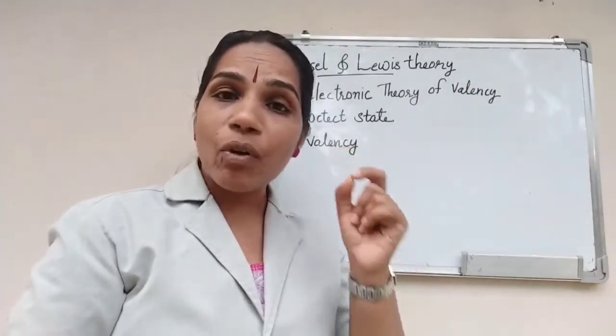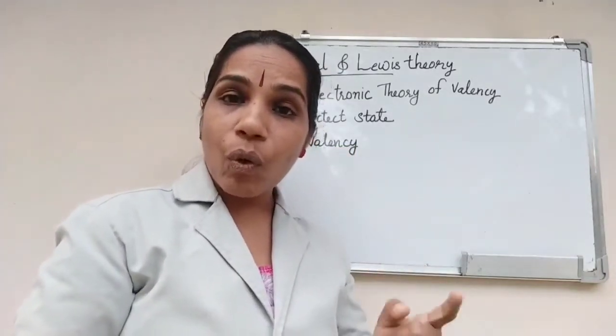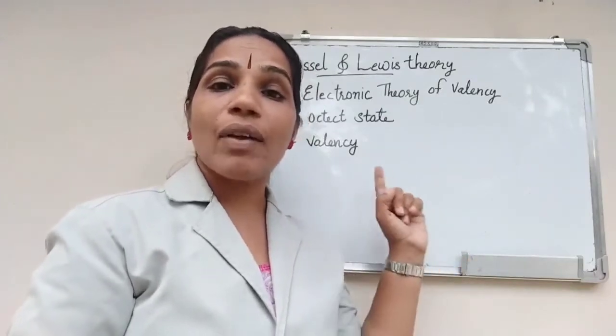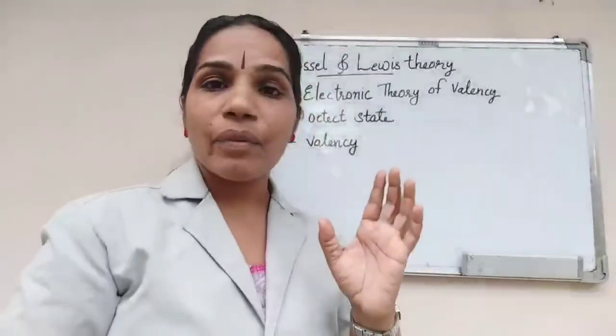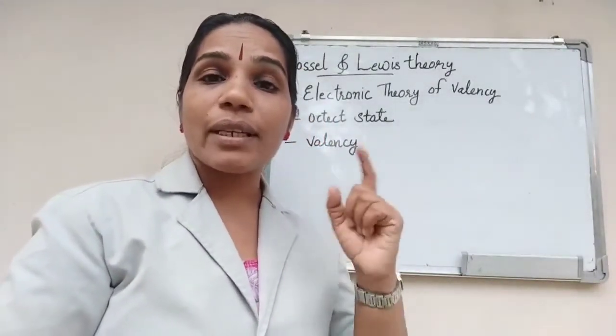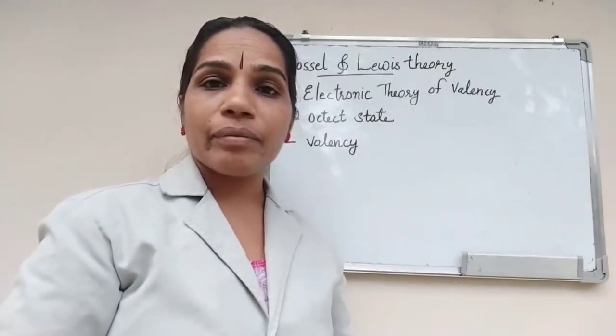Then the number of electrons transferred or shared is known as the valency of that atom. Valency is the number of electrons transferred or shared.